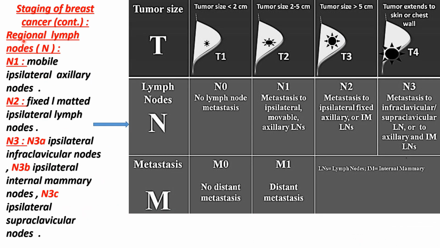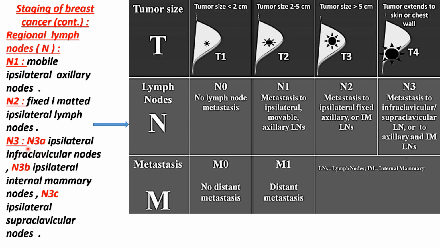I will talk now about regional lymph nodes. N1 means mobile ipsilateral axillary nodes. N2 means fixed matted ipsilateral lymph nodes.